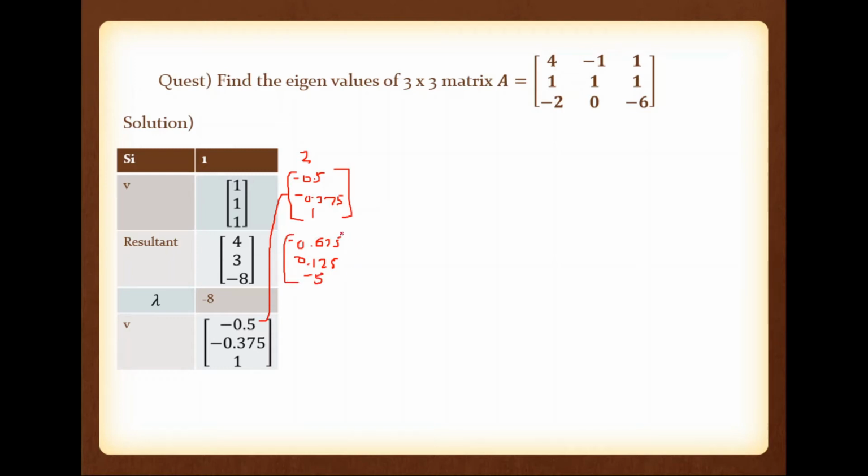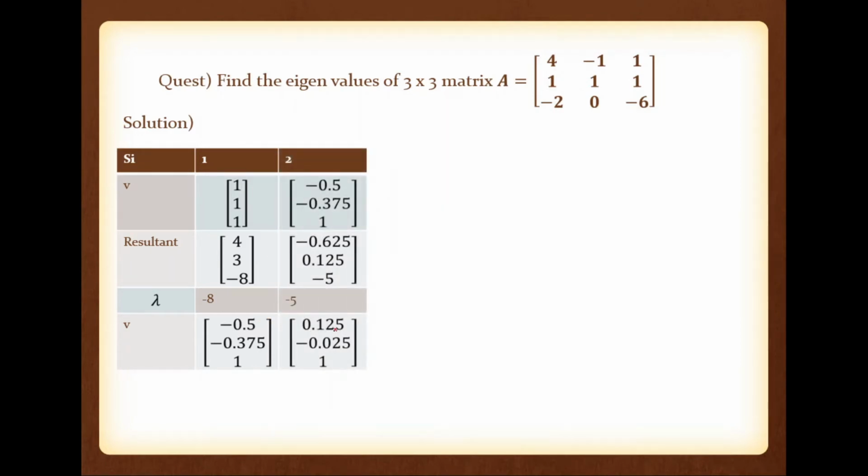Here, what is the largest value? The largest value is minus 5. So take minus 5 outside from this vector. The resultant vector is obtained by dividing the entire elements by minus 5. We have 0.125, minus 0.025 and 1. So this is the second iteration.